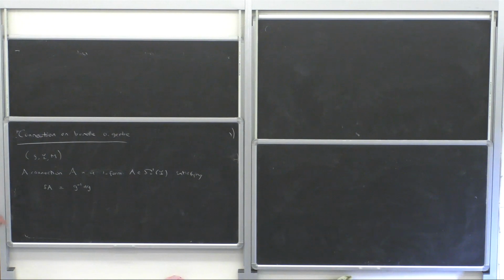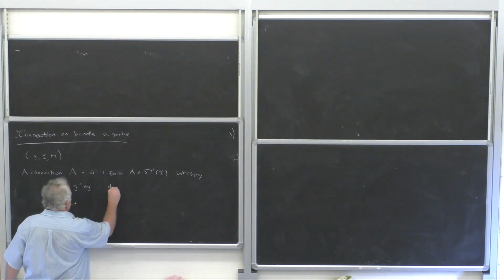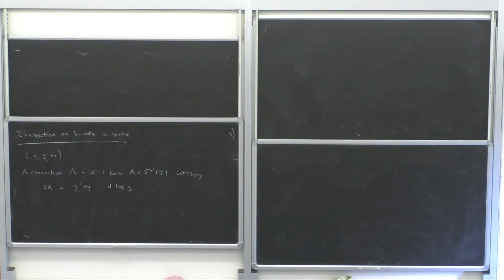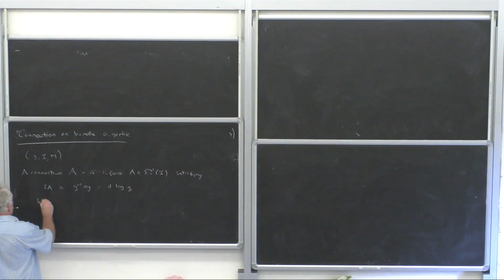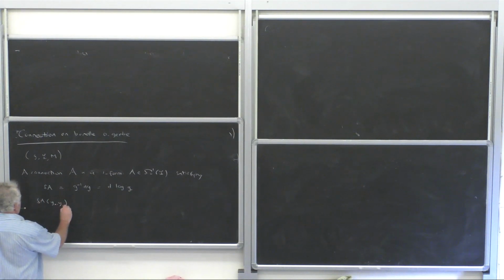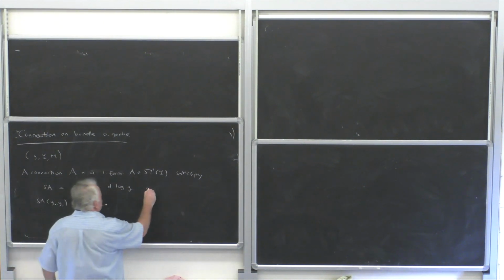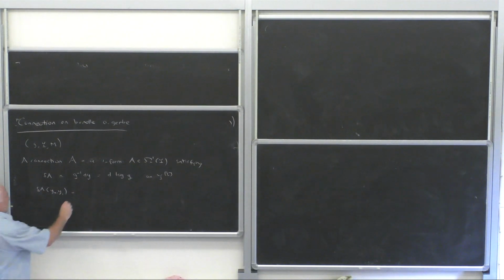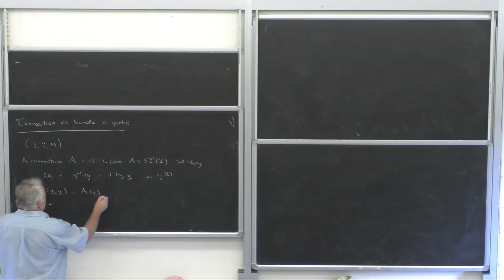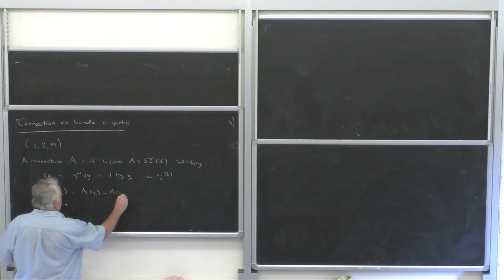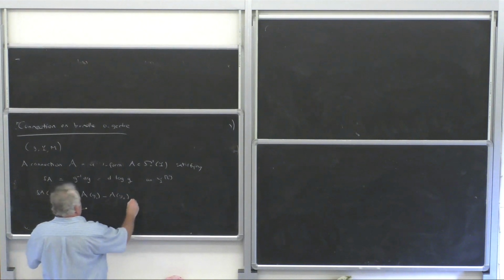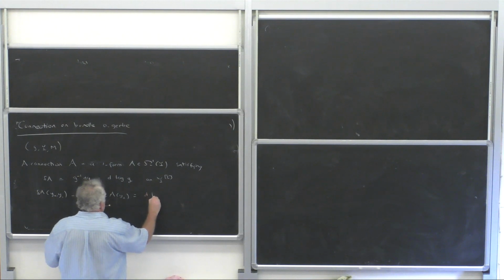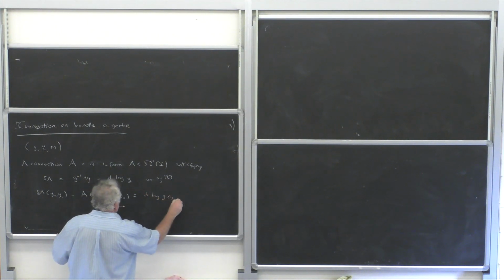So G is a U1 element, or maybe I should say d log G. Maybe written out in full, this needs to be satisfied on Y2. By definition, this is the one form at the point Y1 minus the one form at the point Y0, which should be equal to d log G of Y0 Y1.